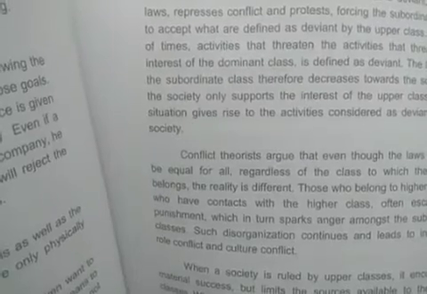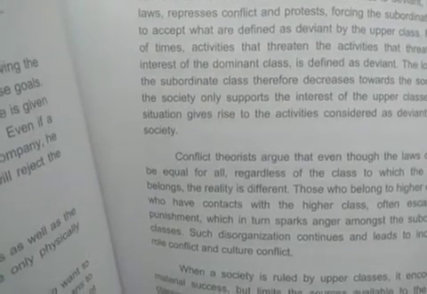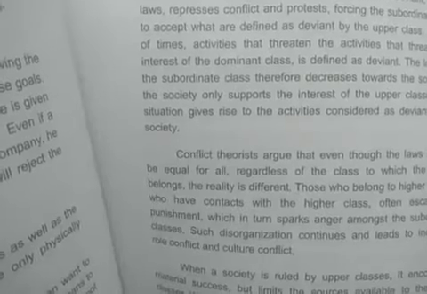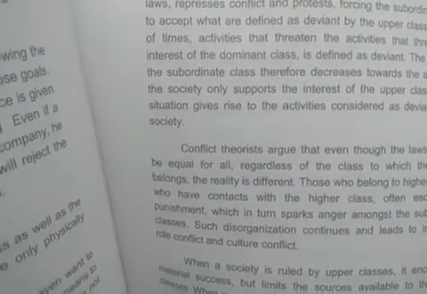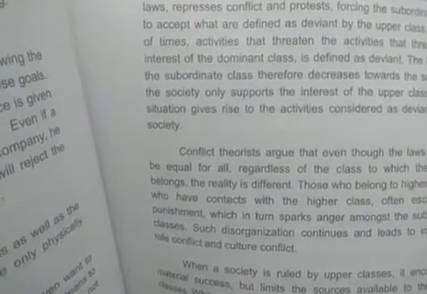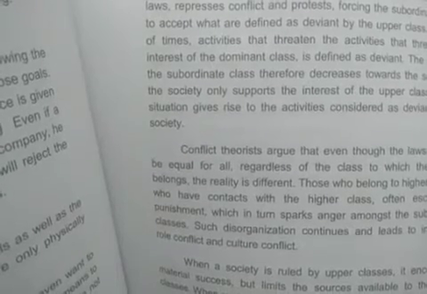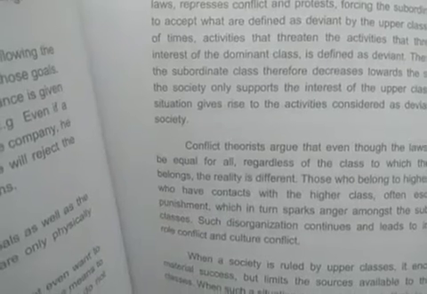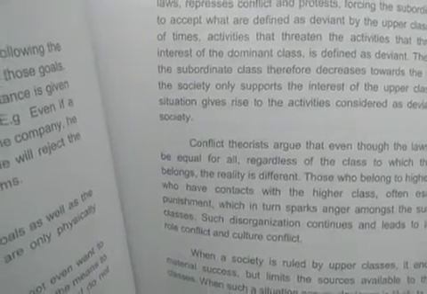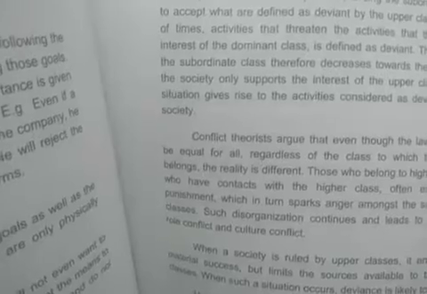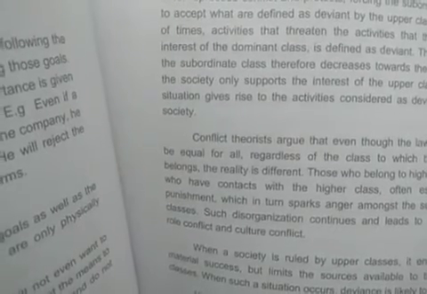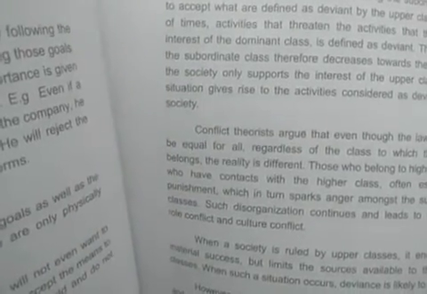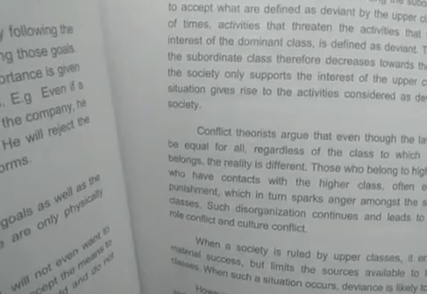Most of the time, activities that threaten the interest of the dominant class are defined as deviant. The loyalty of the subordinate class therefore decreases towards the society, as the society only supports the interest of the upper classes. This situation gives rise to activities considered as deviant by the society.